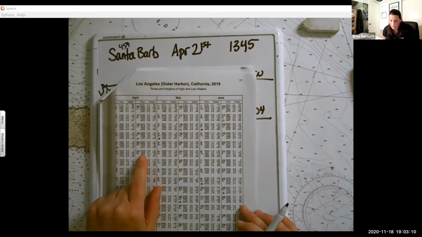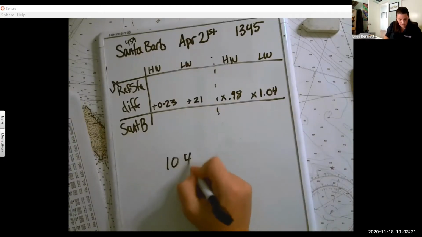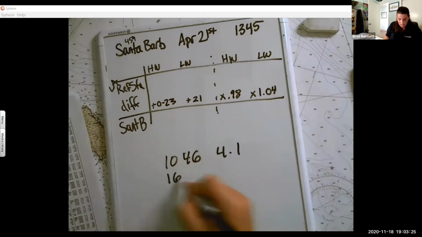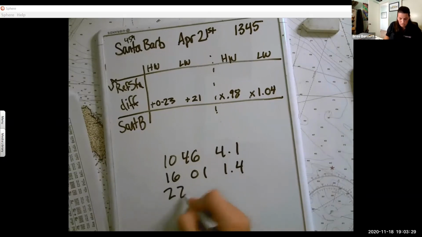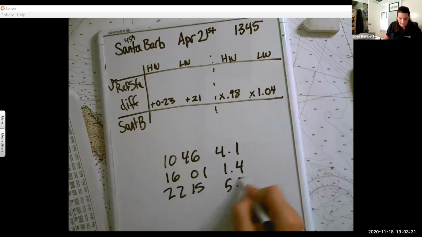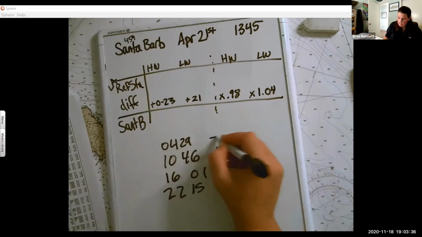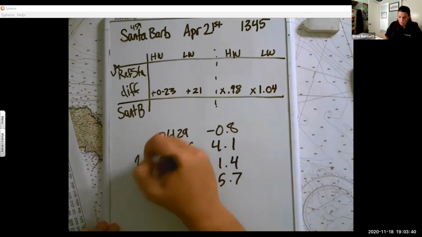If I add an hour, that'll still be sandwiching. So we're good to go. So the first one, 10:46, I'm going to write this here. So it had 10:46 at 4.1, 16:01 at 1.4, 22:15, 5.7, and 29 is negative 0.8. So that's what it looked like on the 21st.